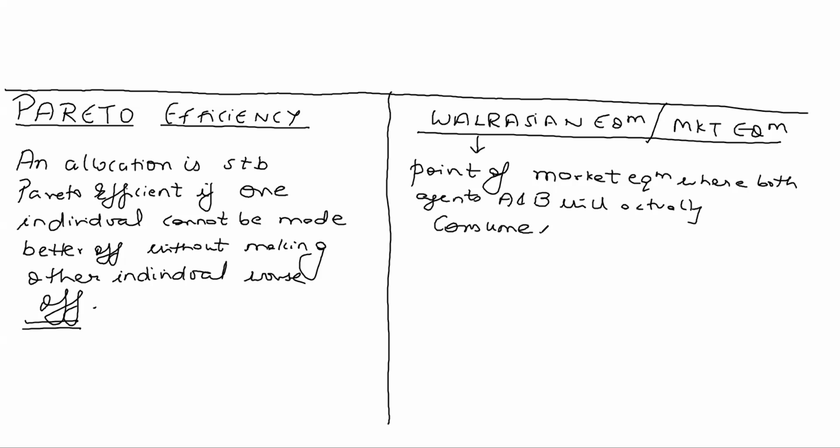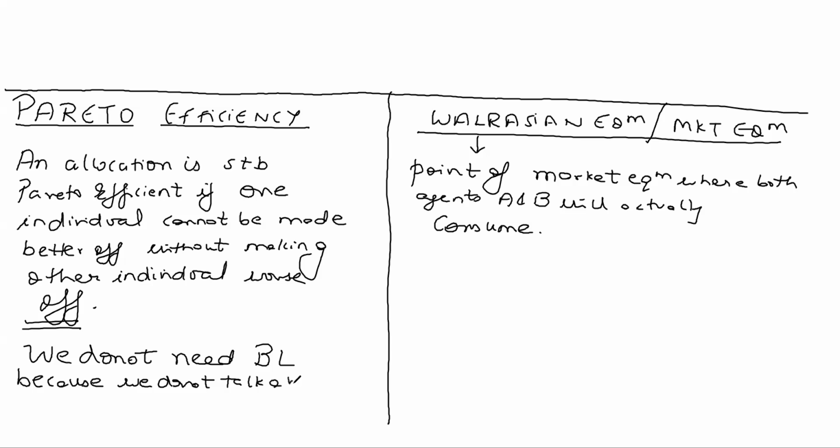Pareto efficiency talks about trade. When will they stop trading? Walrasian equilibrium is that point where both the agents will actually consume. To study the concept of Pareto efficiency, we do not need the budget line, because we do not talk about consumption.